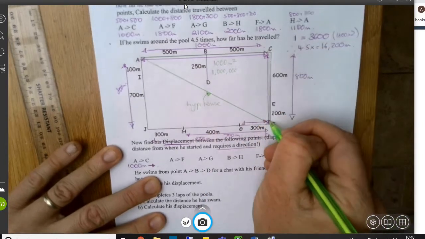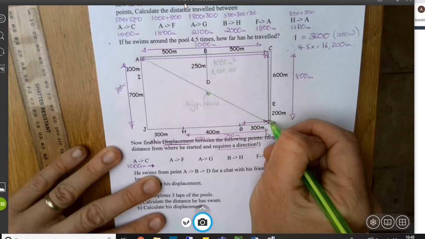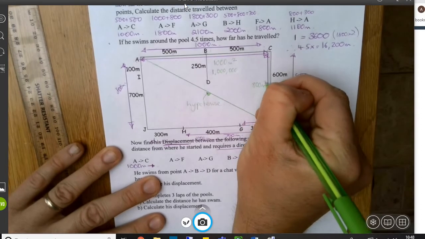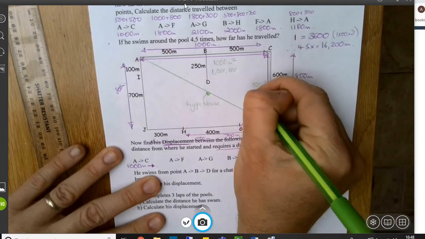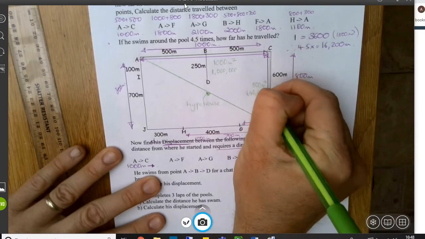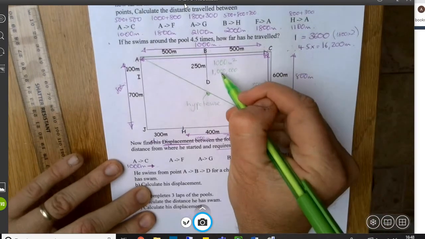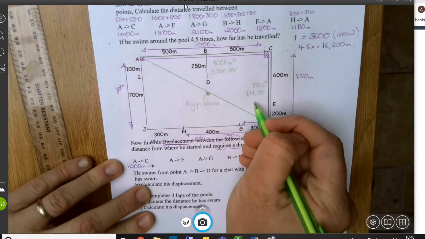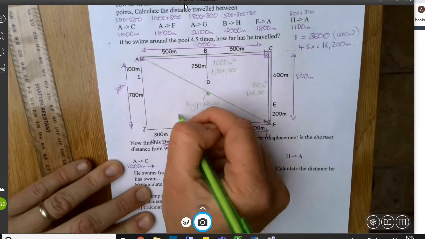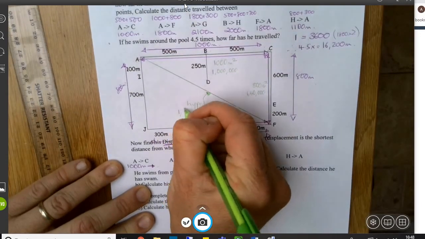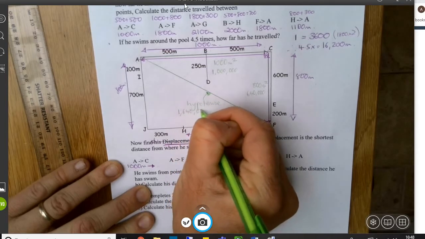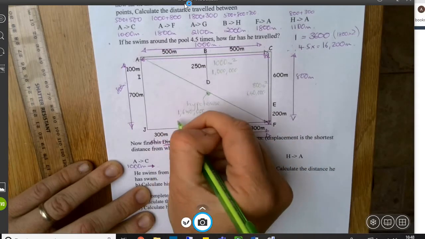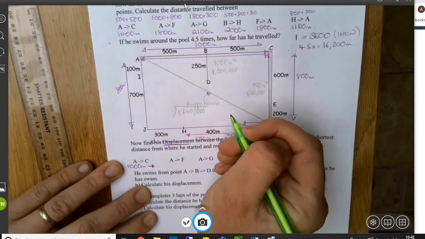And then this distance between C and F, this edge of the triangle, obviously is 800 meters squared, which is 640,000. So if we add those two numbers together, 1,640,000, we get the sum of this line. What do we need to do? We need to square root it.